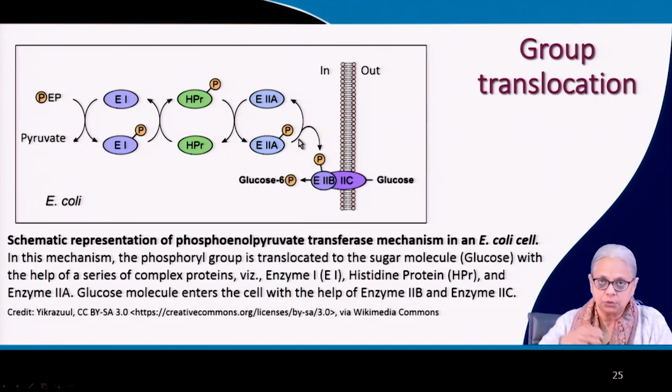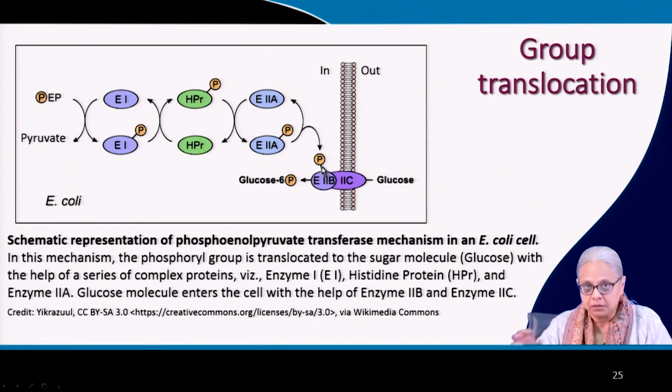All of these are how the phosphate is being transported from one compound all the way to glucose. Remember, when glucose has to come in, it has to be phosphorylated and glucose 6-phosphate has to be generated, and this is how the phosphate is attached to the glucose that is then brought into the cell. So that's group translocation.